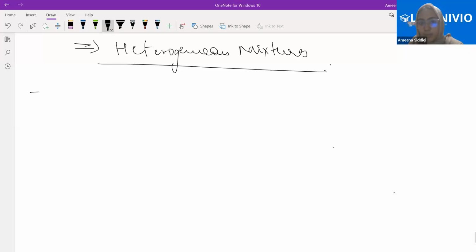Recall the properties of compounds and mixtures. Whenever there is a mixture, there is no chemical bonding, in each and every type of mixture. There is physical bonding. And after that, there are some differences that we need to discuss.